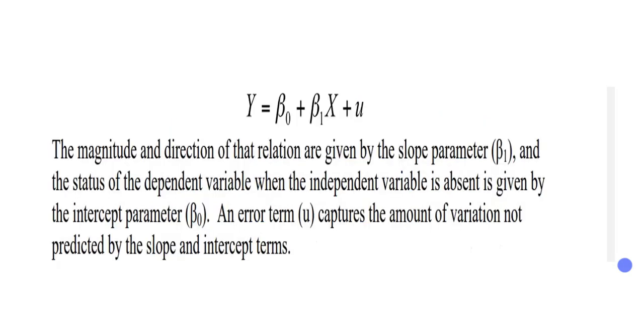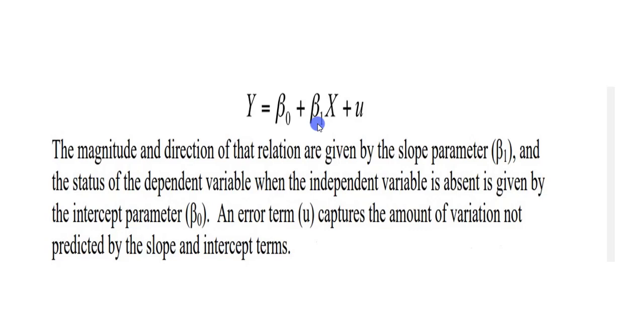So mathematically, let's see one of the regression equations. It is just the general equation. Here you can see y, at the left side, represents the dependent variable and x represents the independent variable. Beta naught is the constant, the intercept, and beta 1 is the slope parameter.